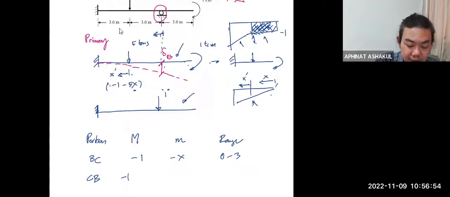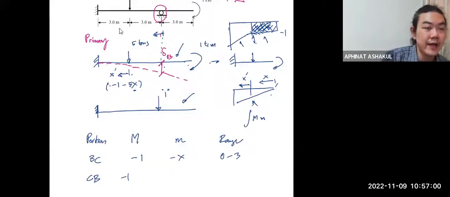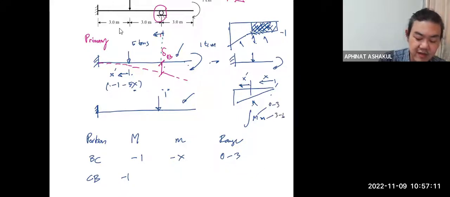Because in the end, we have to multiply big M and small m, right? The only way that you can multiply two functions is that they share the same domain. If one has the domain from 0 to 3, another one has 3 to 6, you can't multiply them. So if you want to use this easy equation, you must sacrifice here.